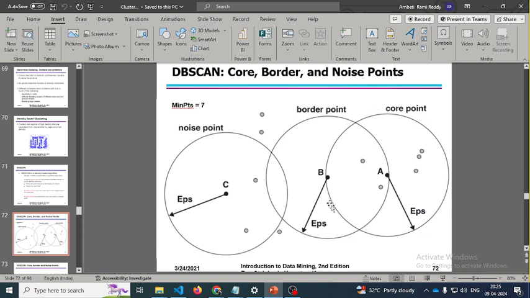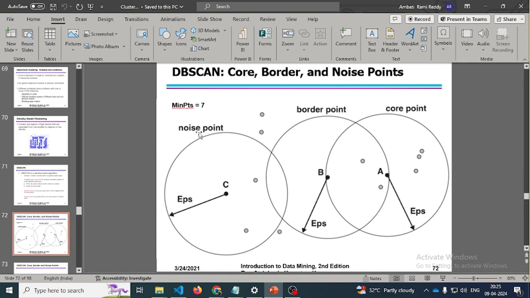These are different clusters, or a kind of similar points. So here we have minimum 7 points. You may call this minimum points 7. The radius between this is called EPS.